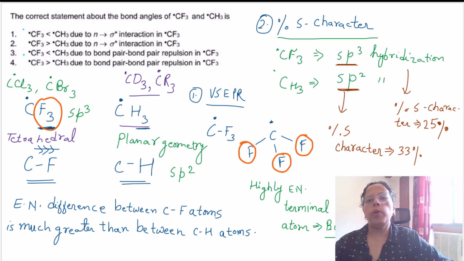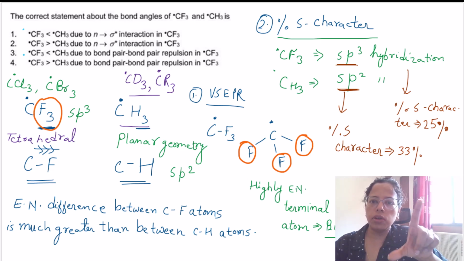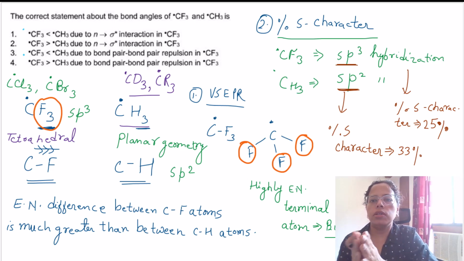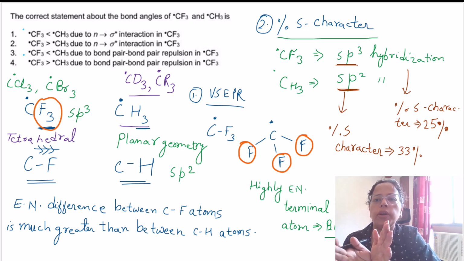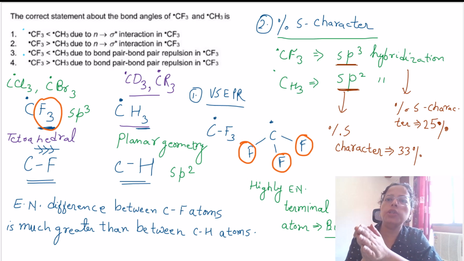No. Whenever there is bond pair repulsion, the bond angle should increase, because the bond pairs will repel each other, and they will try to be as far apart as possible from one another. So due to the bond pair repulsion, the bond angles should spread out.